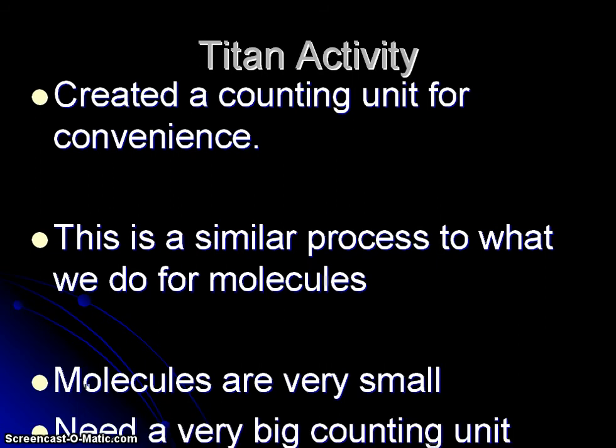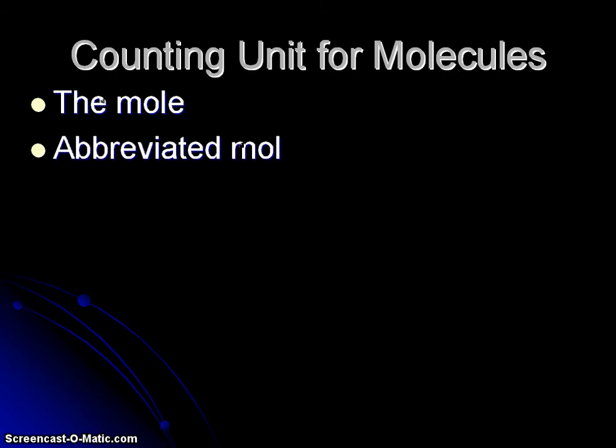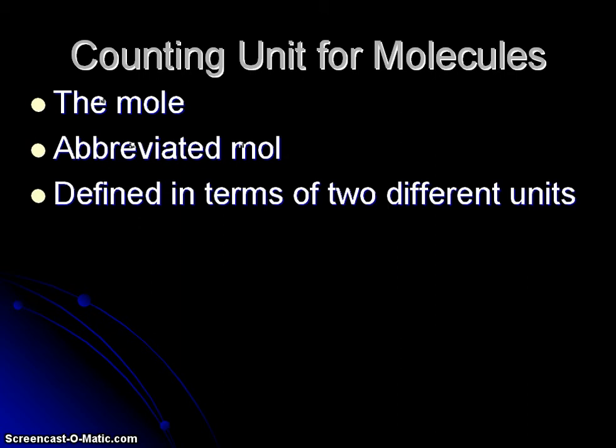And so we need a really large counting unit for molecules. The counting unit that we use for molecules is called the mole. It's abbreviated MOL. I know chemists are not terribly creative when it comes to abbreviations, and it comes from the Latin word for mass.